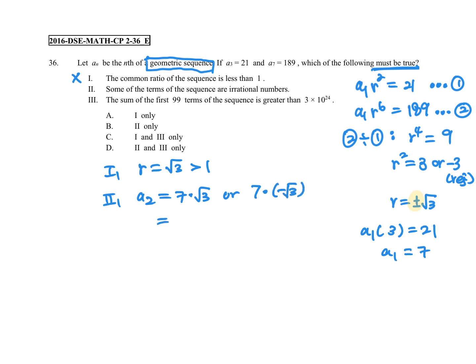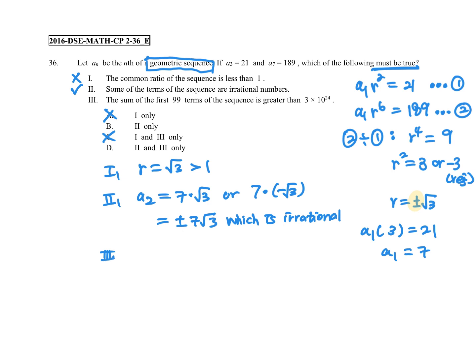So in that case, there will be plus or minus 7 square root 3. And of course, this is irrational. So that's why statement 2 is correct. That's a must because options A and C are ruled out. So statement 2 must be correct.